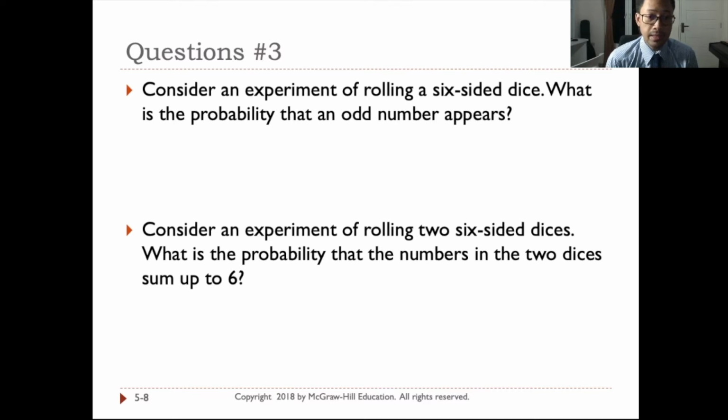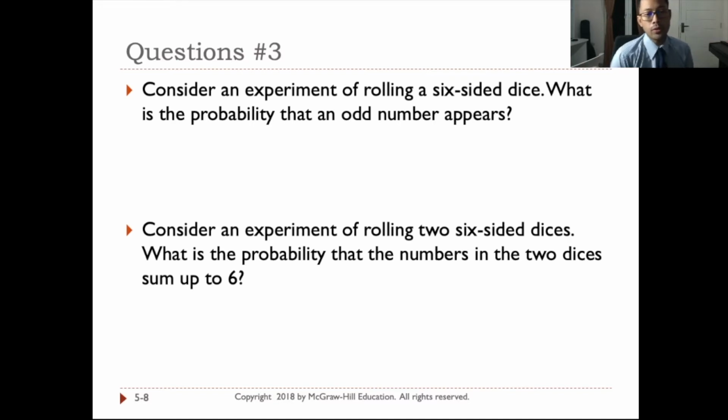It's basically 6 times 6. You can think of the outcomes as: the first die is a 1, the second die is a 6; the first die is a 2, and the second die is a 6; the first die is a 3 and the second is a 6, and so on. So basically you're going to have 36 possible outcomes.